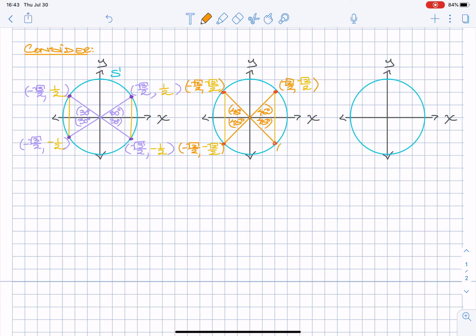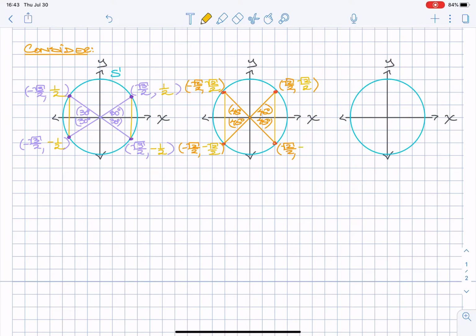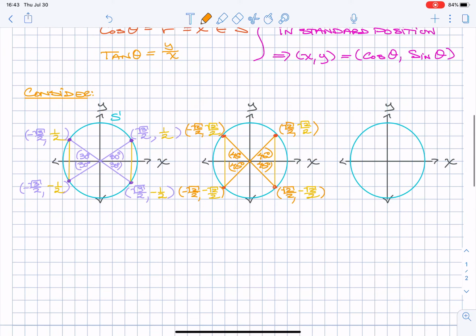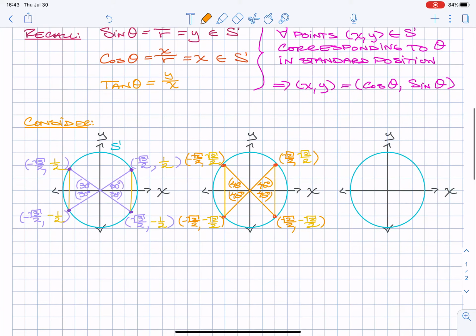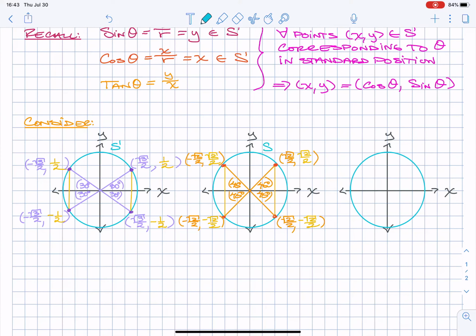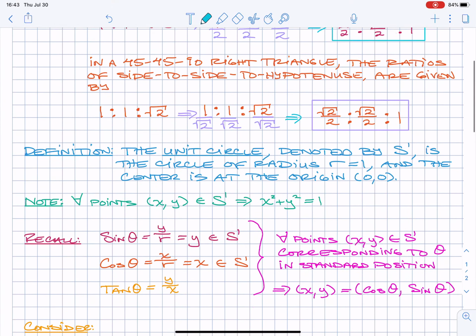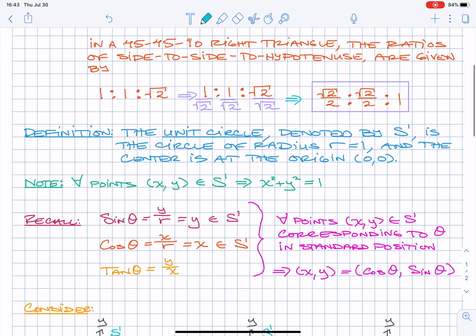And finally, in quadrant 4, the x-coordinate is positive root 2 over 2, and the y-coordinate is negative root 2 over 2. Okay. So these are 45, 45, 90 right triangles in each quadrant. The hypotenuse is the radius, and I know the radius on the unit circle is 1. So hence why I got 1 for each of these. So I knew how to write the other two.